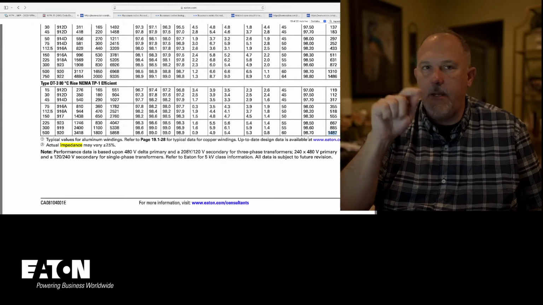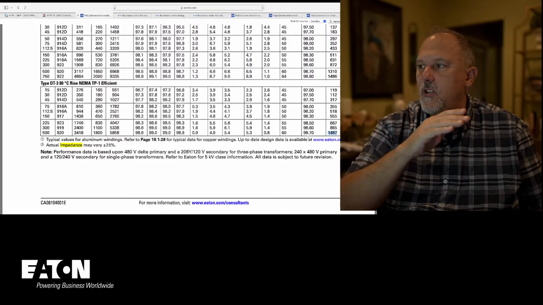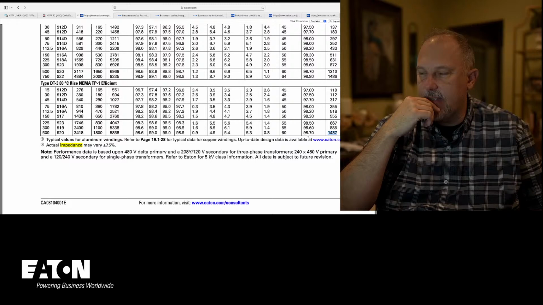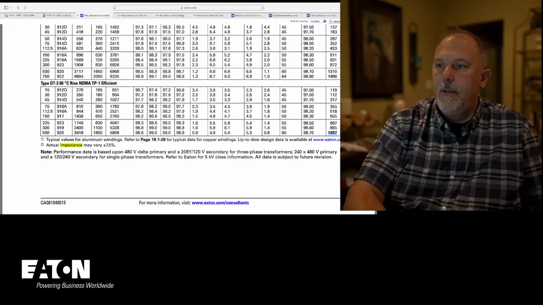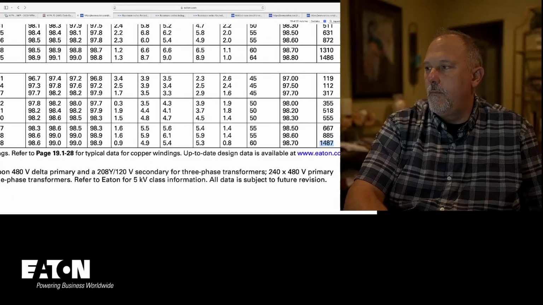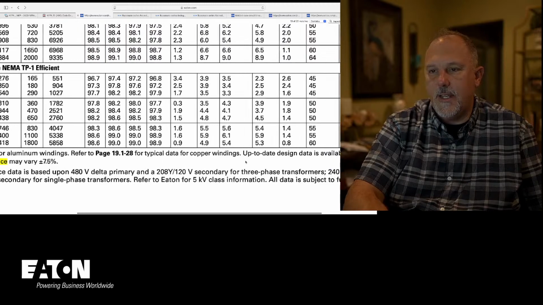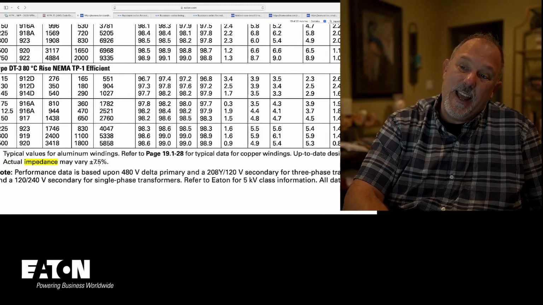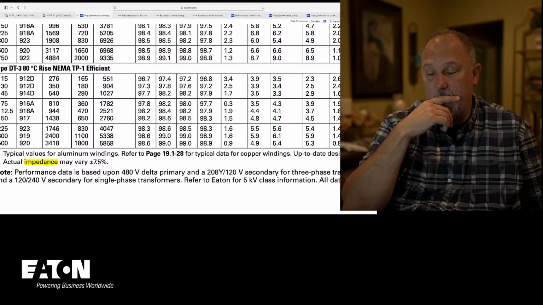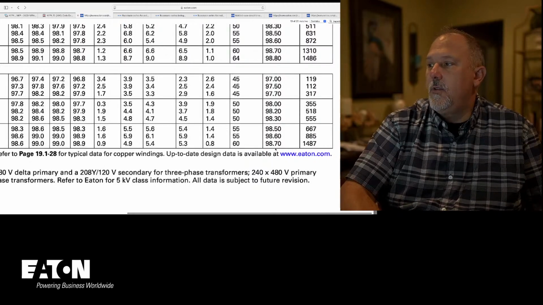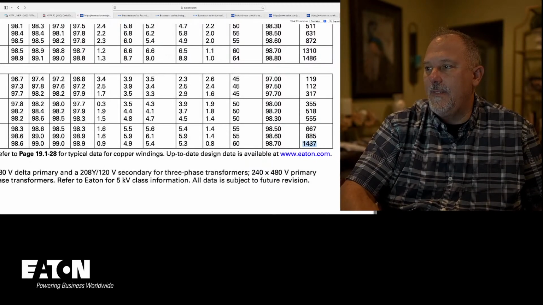So we need to make sure our instantaneous is greater than 1,487 amps. It says actual impedance may vary by plus or minus 7.5%. I went 10%. Could have taken it down a little bit less. So 1,487 amps.